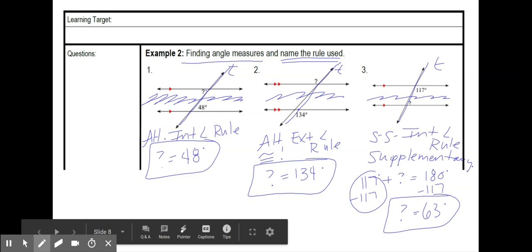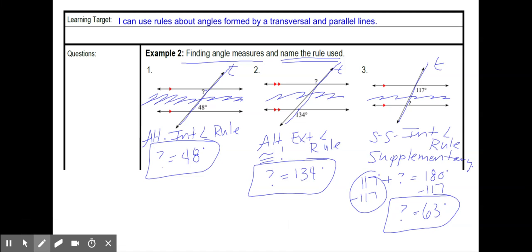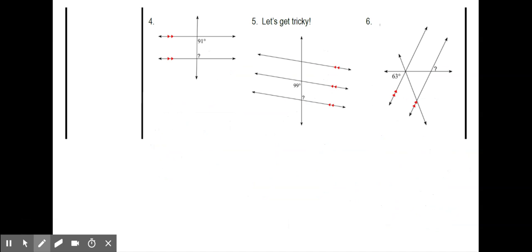Okay, so you just need to remember if your angle pairs are congruent or supplementary. All right, here I see we have same side interior, same side. It matches with supplementary. So I'm going to add up 91 plus question mark to 180 degrees.